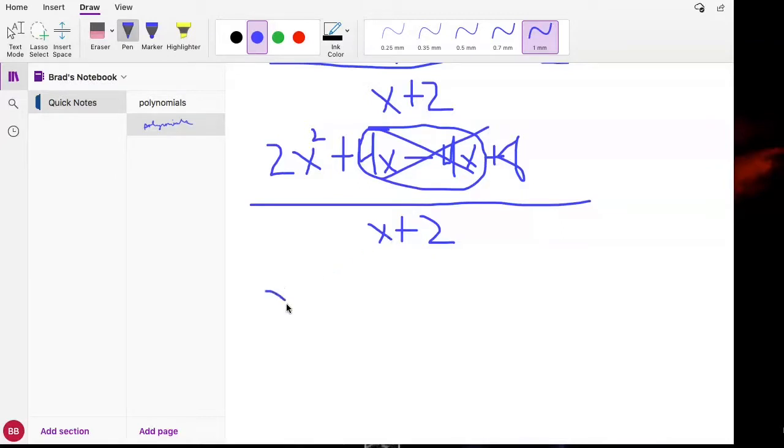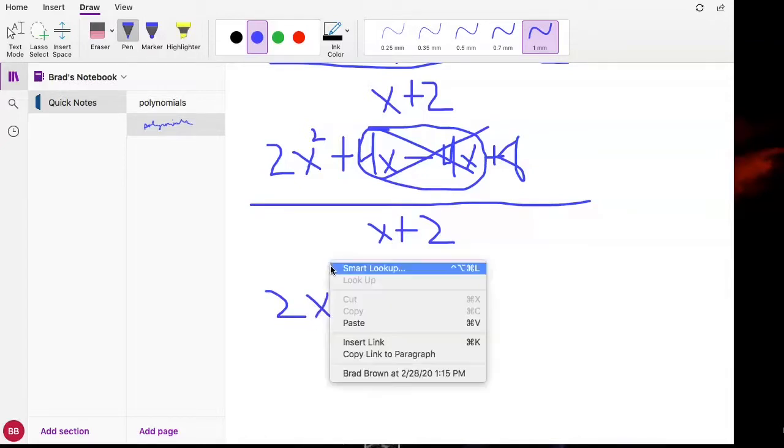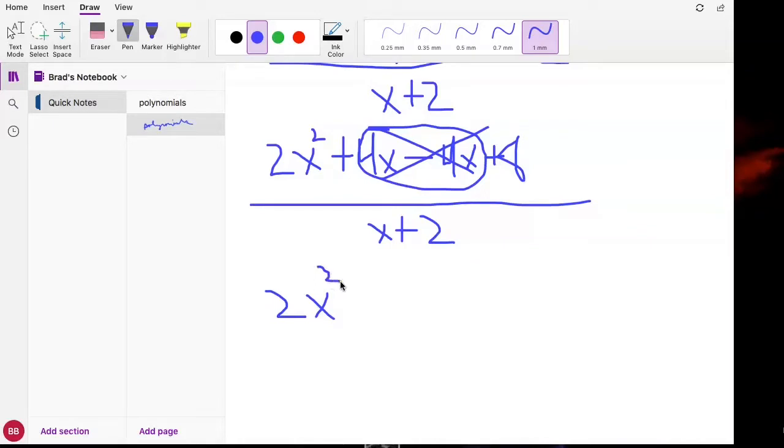So what we're going to do here is take 2x squared plus 8, divided by x plus 2. What does that equal? If we write this out so it's easier, x is the same as 1x to the first. 2 divided by 1 is 2, so let's get that out there.